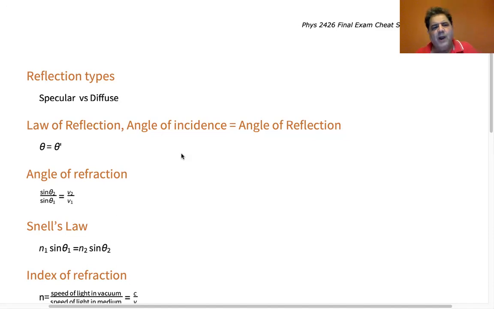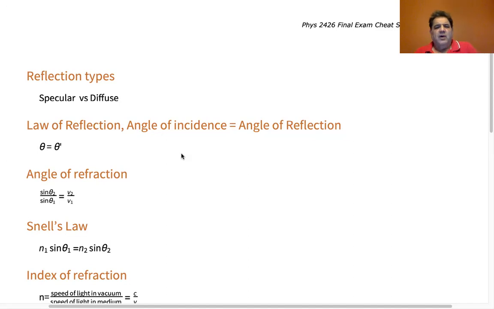Theta equals theta prime. And for the angle of refraction, sine of theta sub 2 divided by sine of theta sub 1 is equal to the velocity of light in 2 divided by the velocity of light in 1.